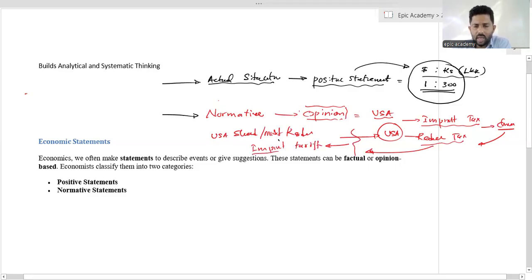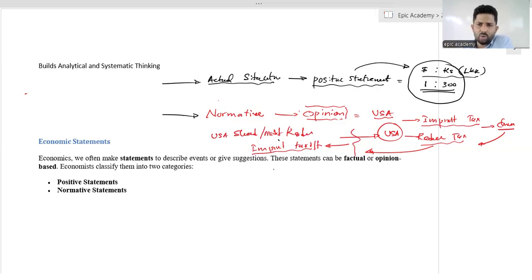Tariff means taxes for import and export. If you are going to impose taxes for international transactions, I mean import and export, we call it a tariff. If you are going to impose taxes for domestic transactions, whether it is any kind of transaction domestically, we call it taxes. The difference between taxes and tariff is that one is based on international trade, the other on domestic trade.